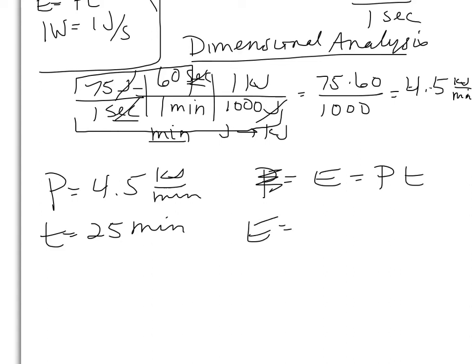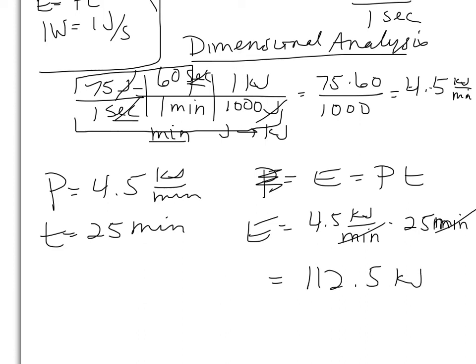Energy is equal to 4.5 kilojoules per minute times the 25 minutes. Of course, that looks sort of like our conversion table, and our minutes are going to be canceling here. So what's 4.5 times 25? Final answer will be 112.5 kilojoules. My final answer.